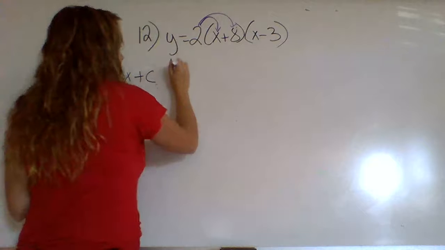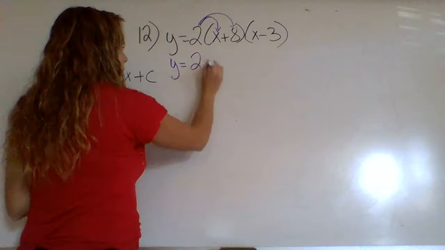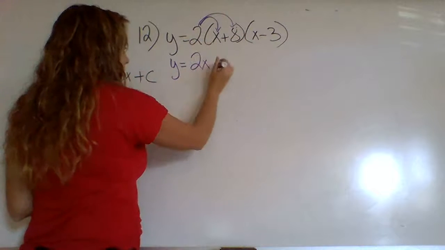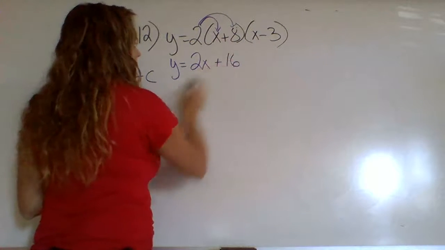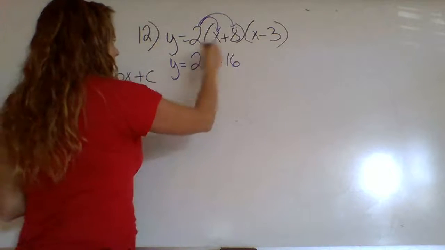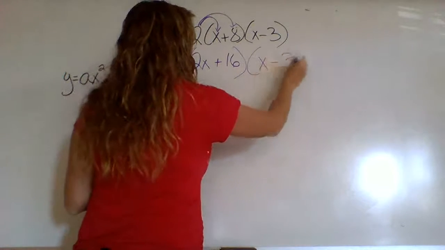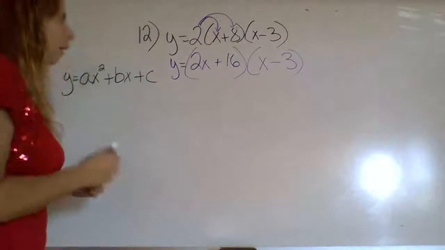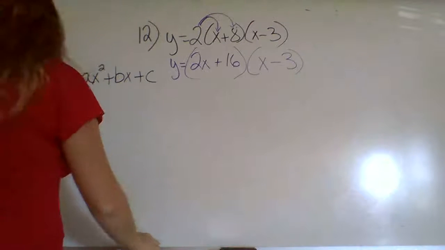So that's going to give you y equals 2 times x, 2x, 2 times 8, 16. But then you still have to multiply by this other parenthesis. So then you have that and that. Now you're FOILing, which is our 2-part distribution.